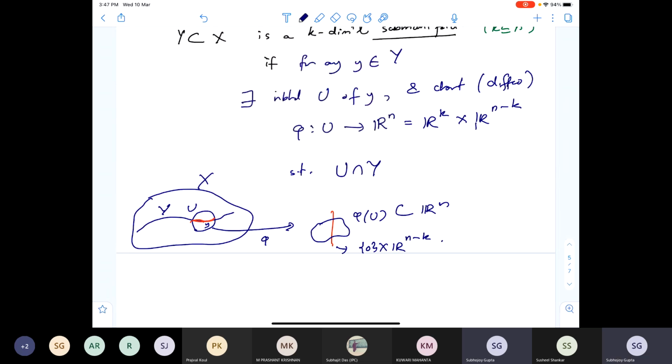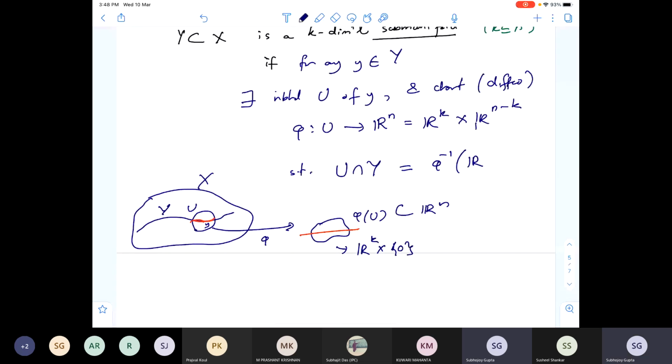So this is exactly what was happening before. Let me finish writing this. U intersection Y equals phi inverse of, maybe I should draw it this way, slightly different from what I wrote earlier, but I'll think of it as Rk cross 0.